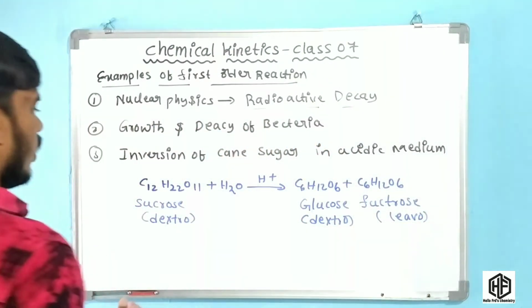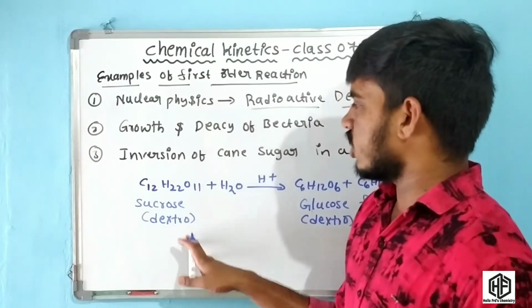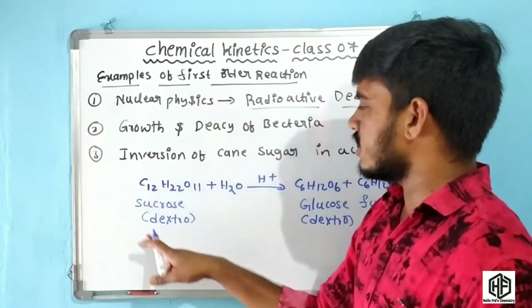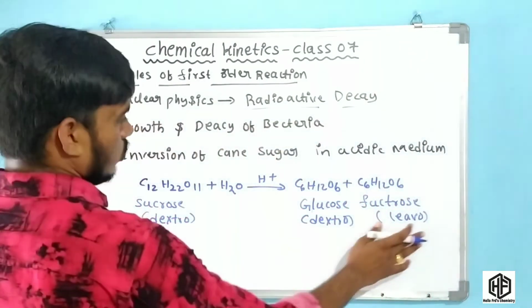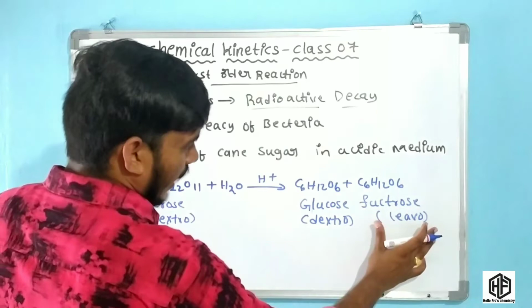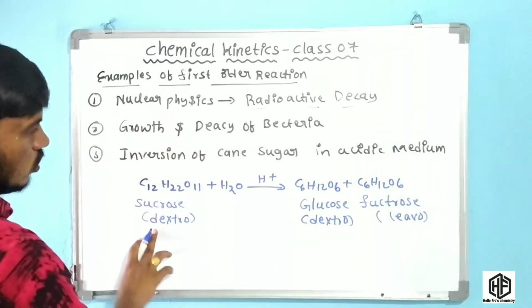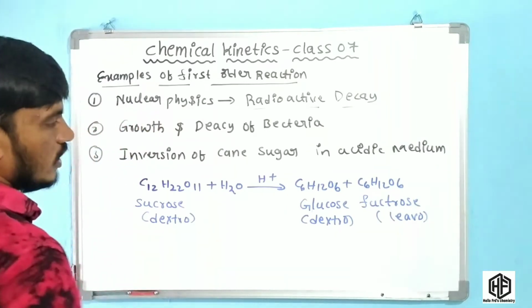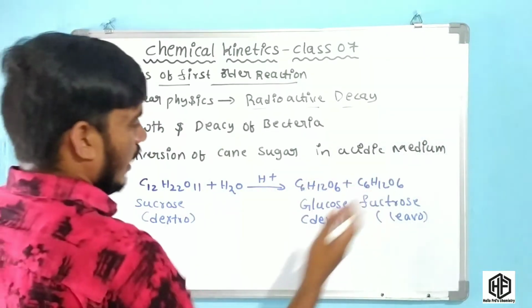Friends, in simple fundamentals of stereochemistry, this is the inversion of cane sugar. Sucrose, which is dextrorotatory, is converted to fructose, which is levorotatory. Because the magnitude of the fructose rotation is more, the dextrorotatory is converted to levorotatory. This is the inversion of cane sugar in acidic medium.